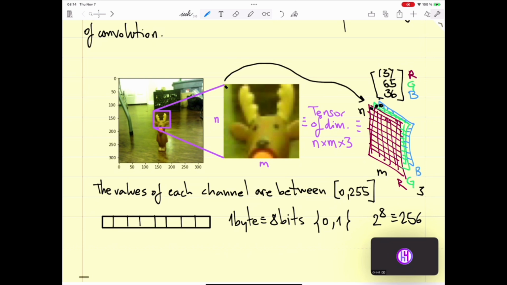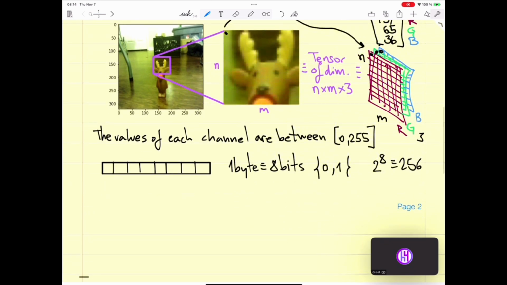Yeah, so that's basically the basics, and now let's look into the kernels and explain what these kernels do.